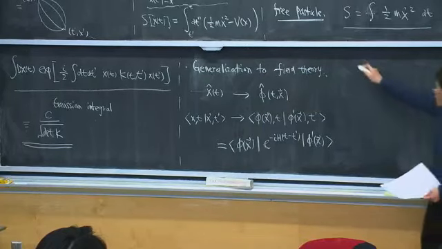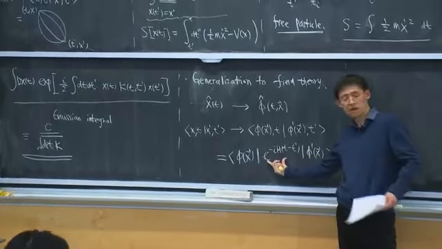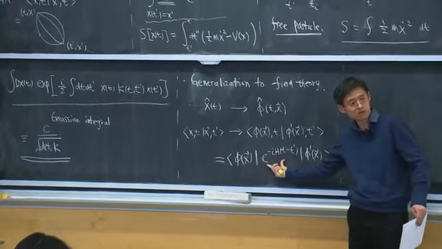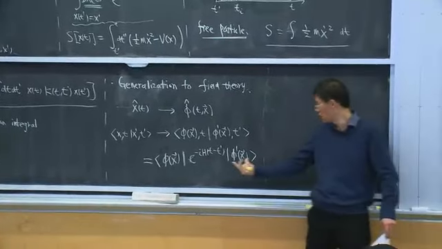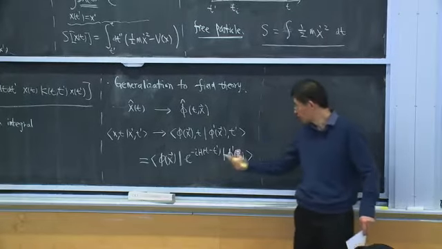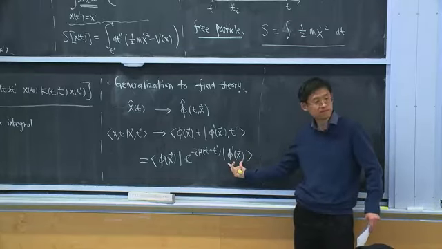Then we can use the same technique we discussed last time. You split the time interval from t prime to t into many, many infinitesimal pieces, do it over and over, and insert the complete set of states of phi.